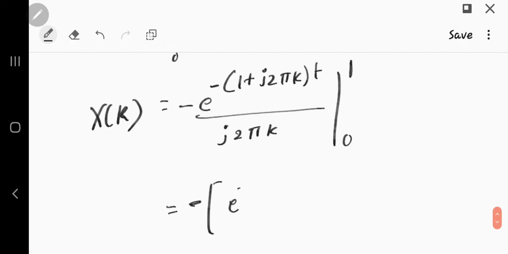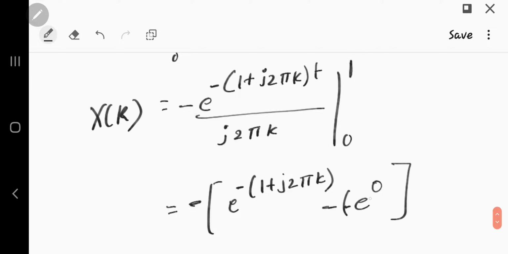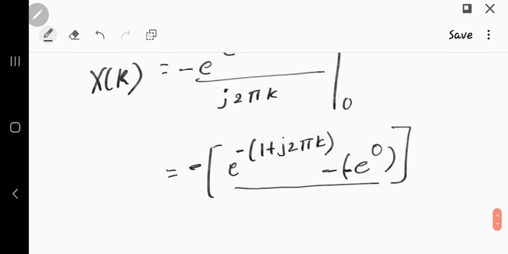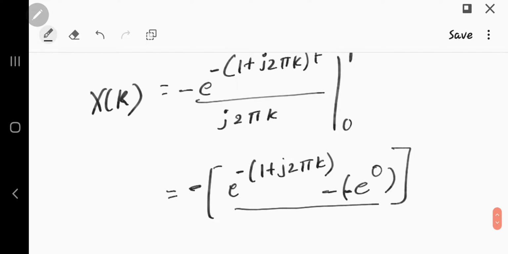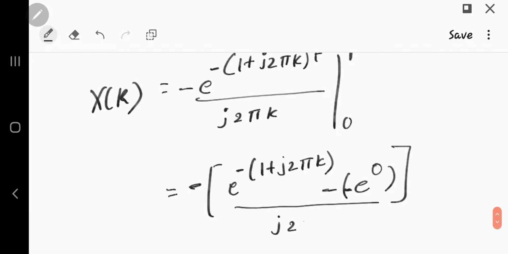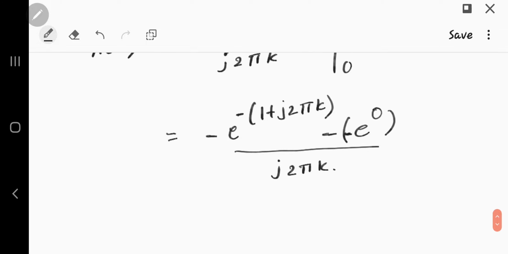Minus e power of minus (1 plus j 2 pi k) minus e power of 0. So this entire term is divided by j 2 pi k. Let me take the minus out here, because I can write the minus separately.